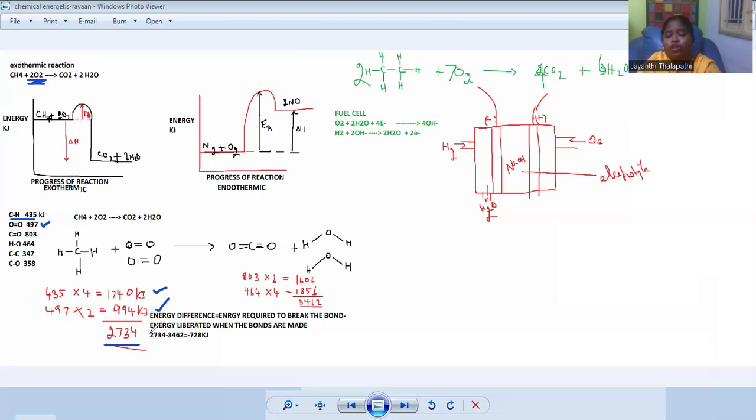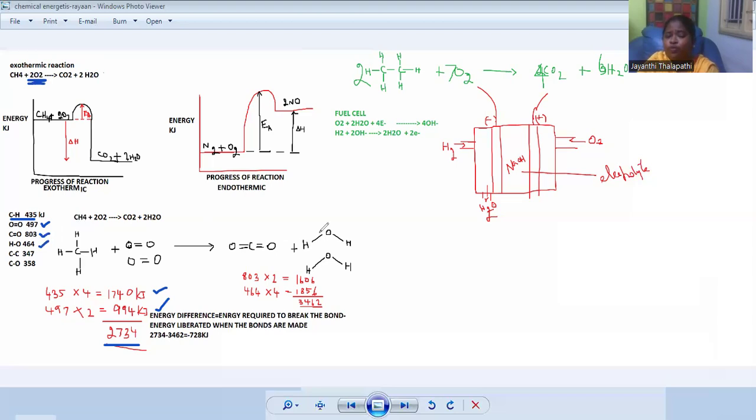Then what about the product side here? Carbon dioxide has C=O, C=O, that means 2 C=O bonds. C=O is 803, so 803 times 2 is 1606. And water, H-O, which is 464.